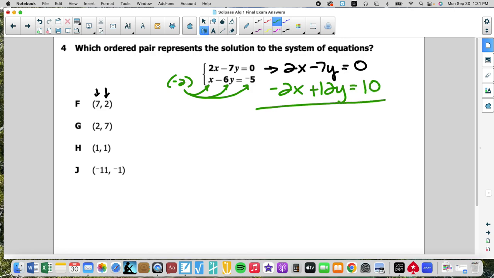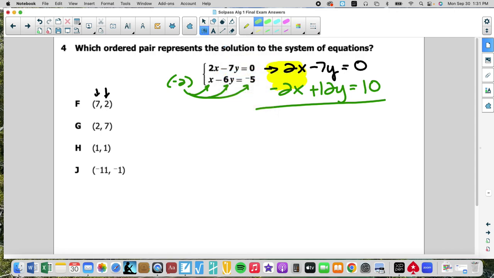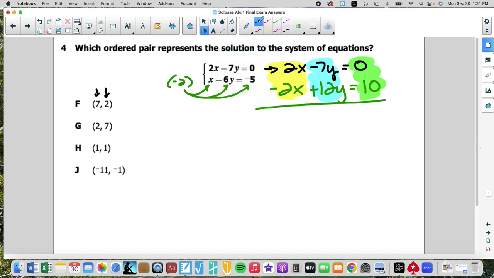What that does is I can use addition. I can add these together, and add my constants together, and that will give me a statement of 5y equals 10, divided by 5.